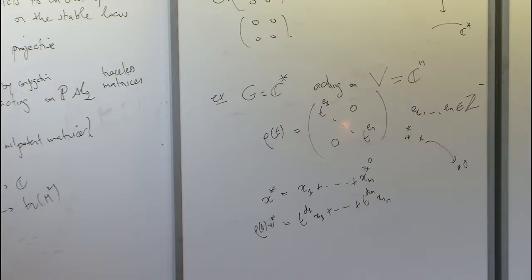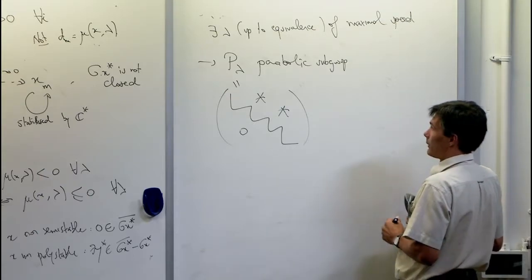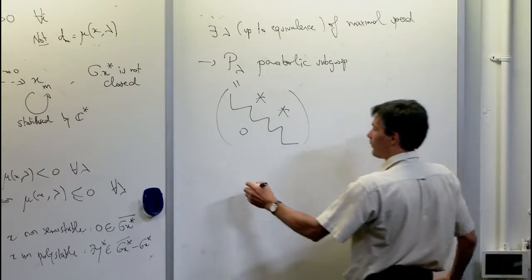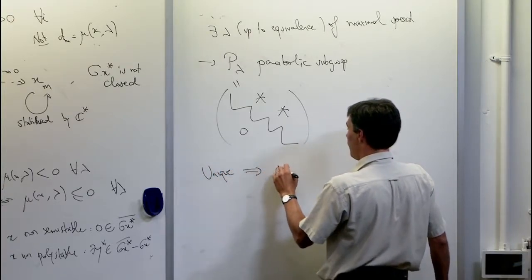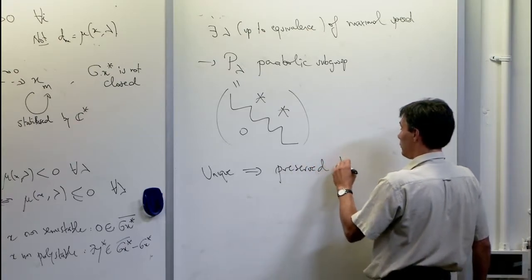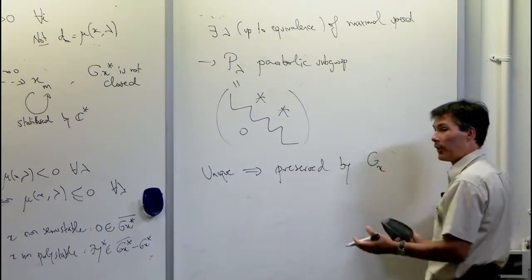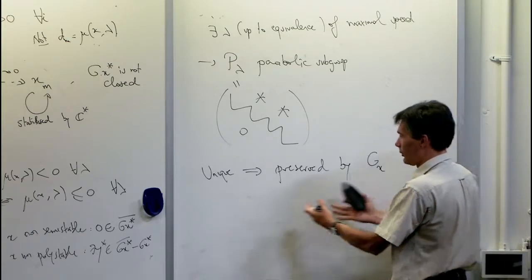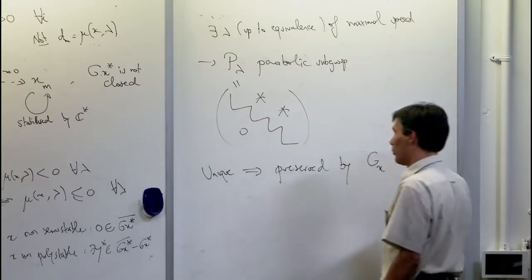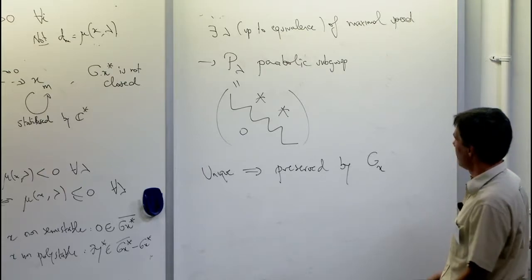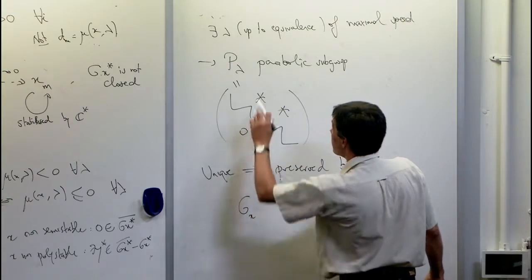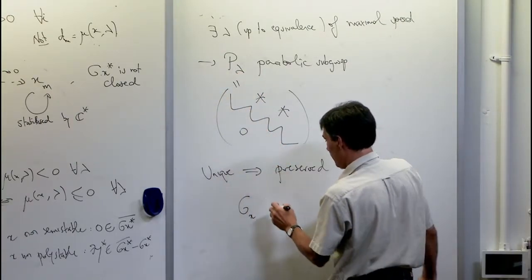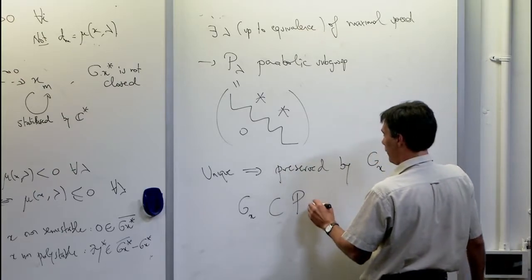So nothing very deep, but there is a parabolic subgroup, and it is unique. Since it is unique, it is preserved by the stabilizer. If you act on it by conjugation, it will give you another parabolic with the same property. So by uniqueness, it's in the normalizer, and parabolics are known to be their own normalizers. So this G_x is contained in the parabolic.